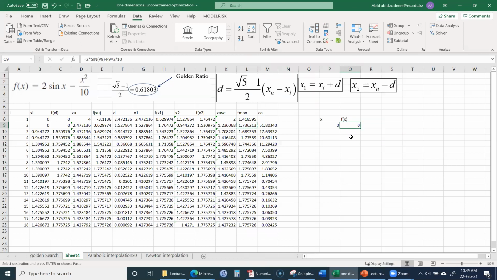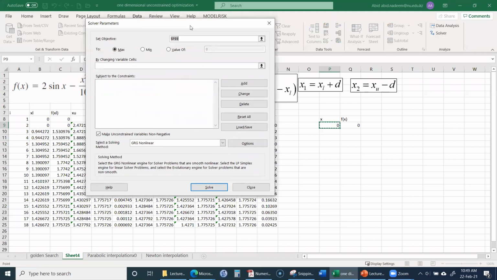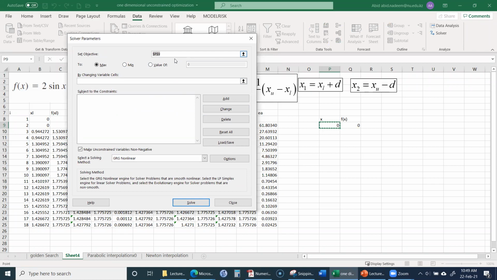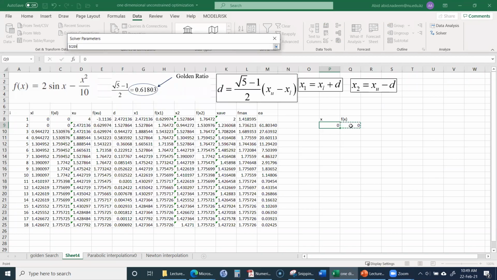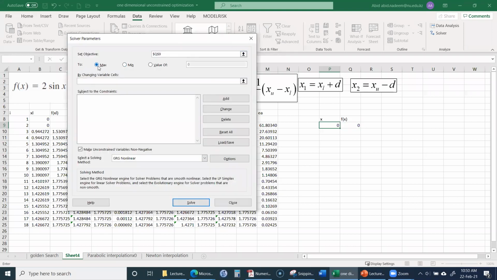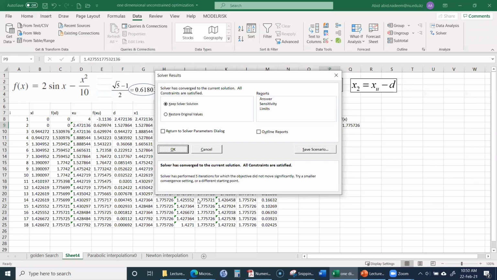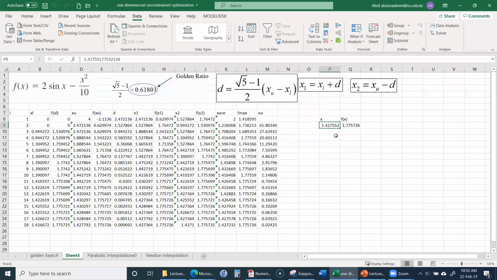So here I have calculated this value. Now I apply Data and then Solver. I want to maximize the value of this function, so I have selected it and set the objective to maximum by changing the value of x, then solve it, and it converges and finds the solution.